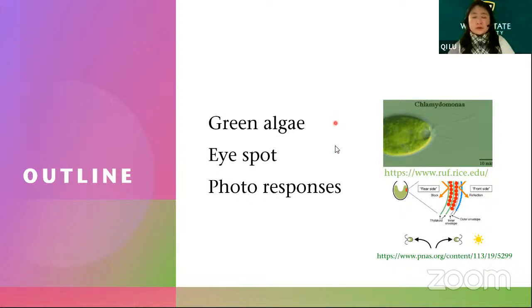Then I will try this spotlight. Let me go back to see.